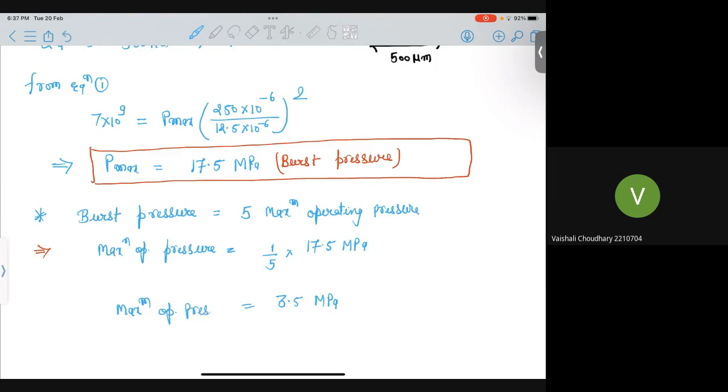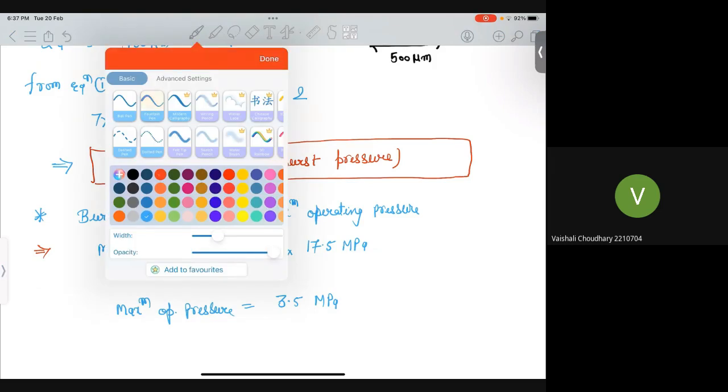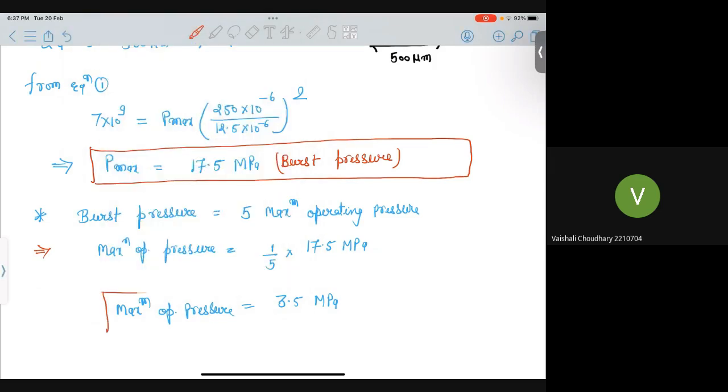This is the maximum operating pressure, which is 3.5 megapascal.